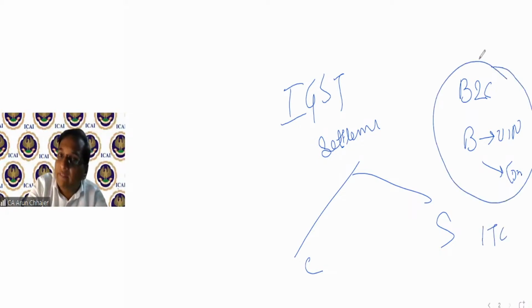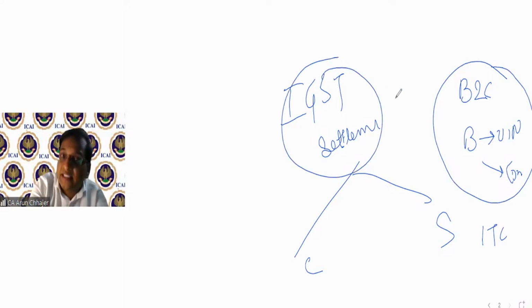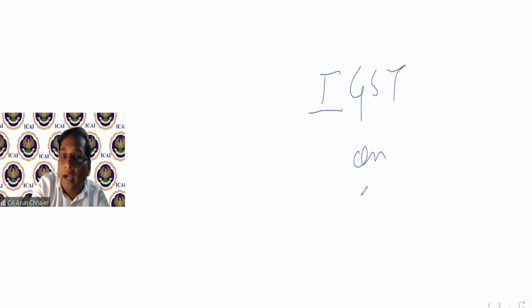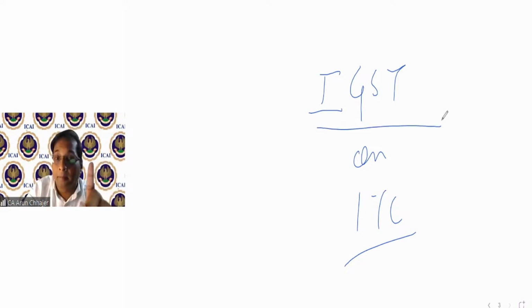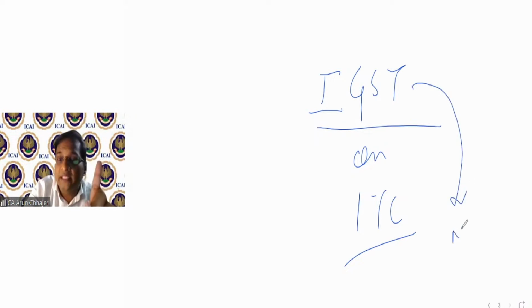This part I have explained with respect to IGST settlement on outward supply. Now, IGST settlement on ITC. What is the meaning? If there is IGST, but that IGST is not eligible.